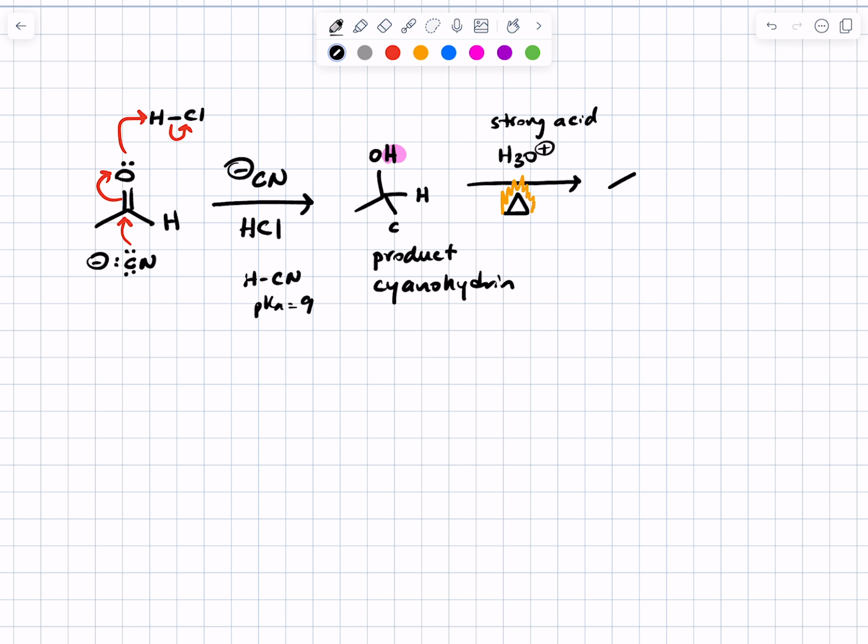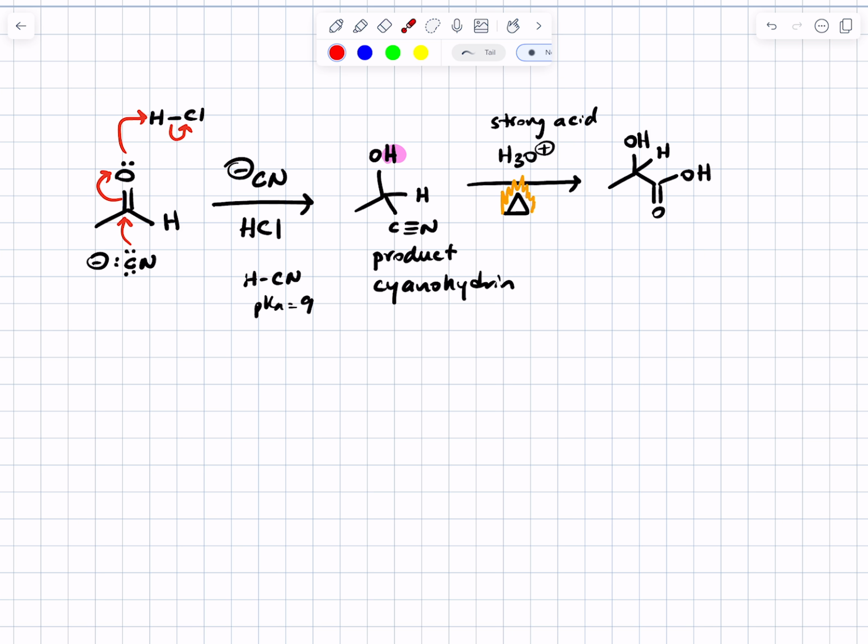If we draw out the structure of the nitrile, which is a triple bond between carbon and nitrogen, strongly acidic aqueous conditions can hydrolyze the nitrile to a carboxylic acid. And that's a useful functional group. There may be some synthesis problems you face later on, especially after we cover nitriles, that do this.